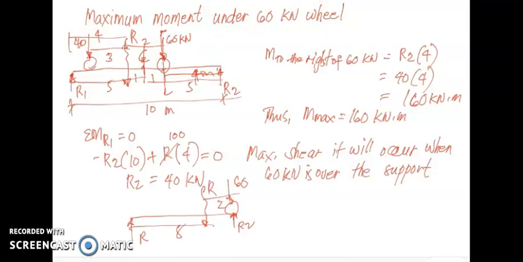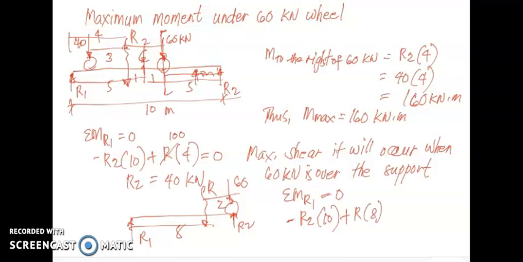So therefore, we have summation of moments at R sub 1 equal to 0. So we have negative R sub 2 times the moment arm distance, which is 10, in a counterclockwise direction. Then in a clockwise direction, plus R times 8.